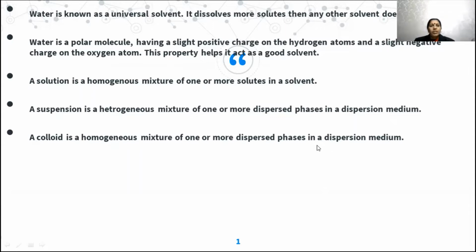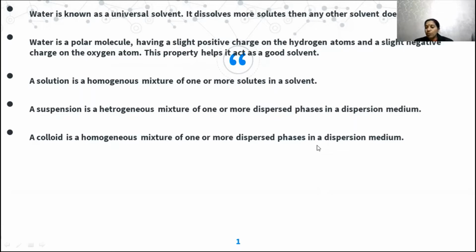In this video, we are going to discuss the properties of water. We know that water is known as a universal solvent because it dissolves a larger number of solutes than any other solvent does. This is a property of water.